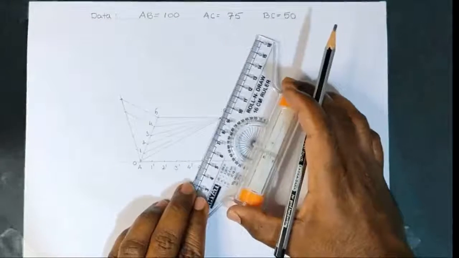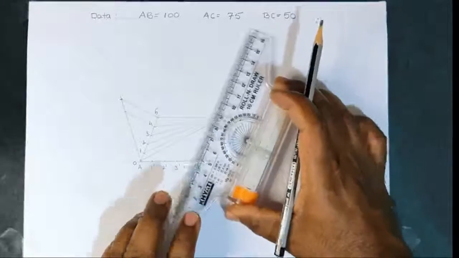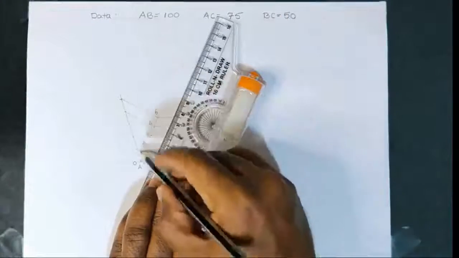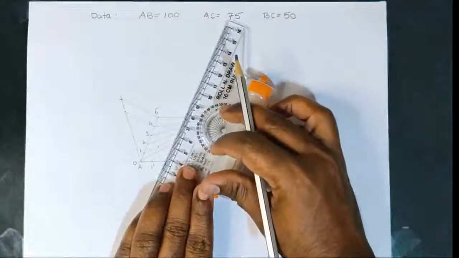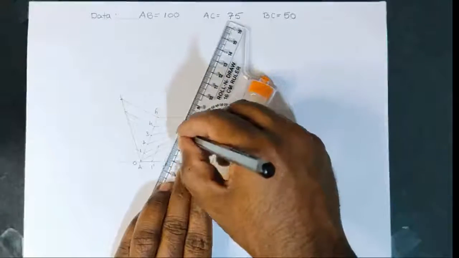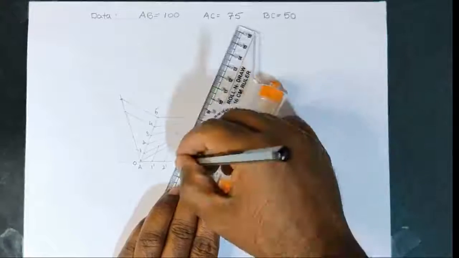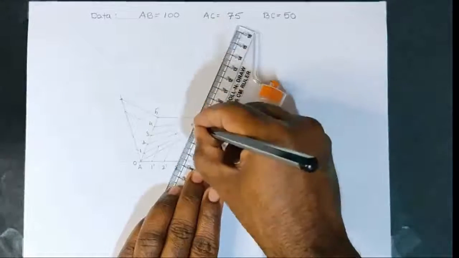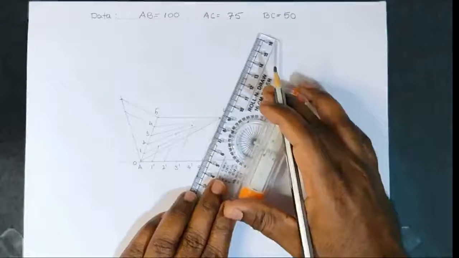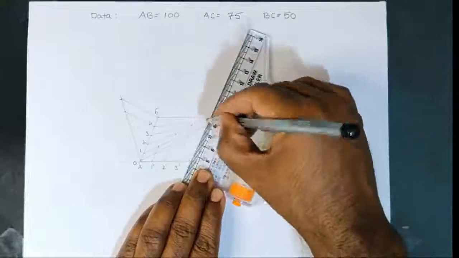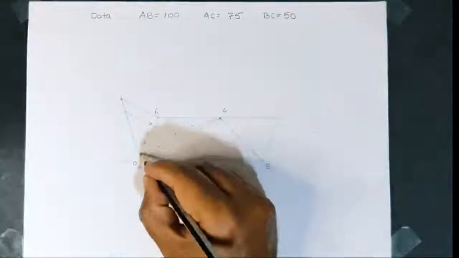Through 1 dash, 2 dash I'll be drawing lines parallel to the axis. Because the axis is inclined, I draw inclined lines parallel to the axis and find the intersection of 1 dash with 1, 2 dash with 2, 3 dash with 3, and the intersection of 4 dash with 4.